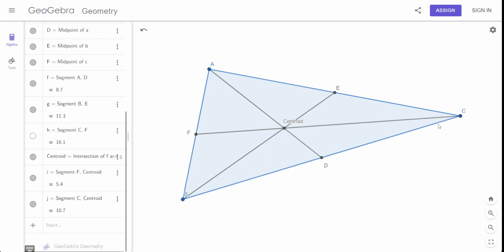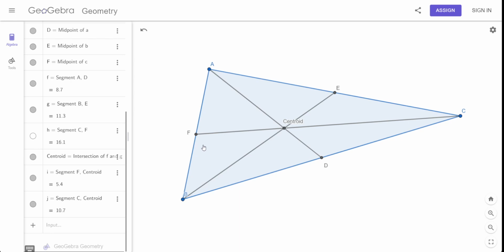What do you think might possibly be true about this segment right here and this segment right here? Do they look equal to each other? Supplementary means they do what? They're angles. These aren't angles. Supplementary means angles that add up to 180 degrees. So they're not supplementary.